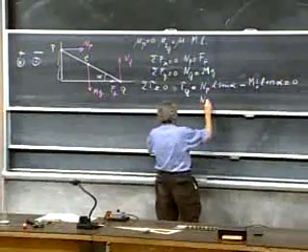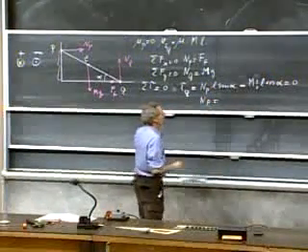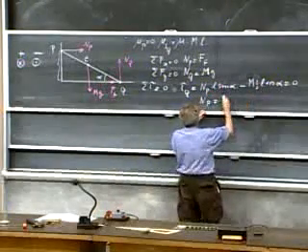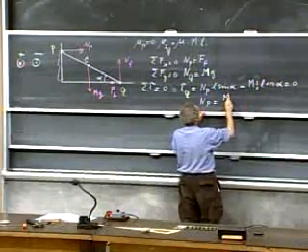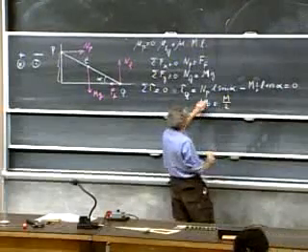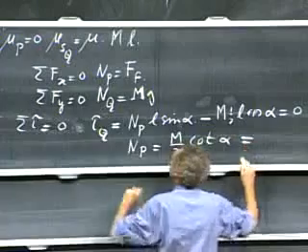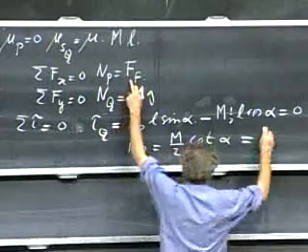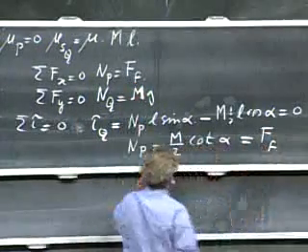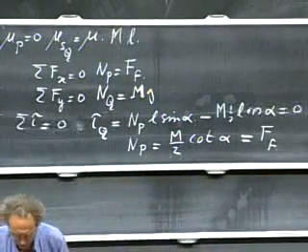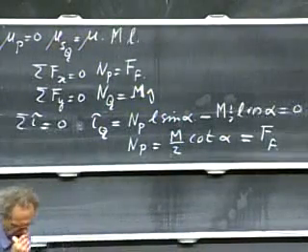I find then that N of P, the normal force at point P, I lose my L, equals M divided by 2 times the cotangent of alpha, and that must be the frictional force. So I know what the frictional force is, given by this result.